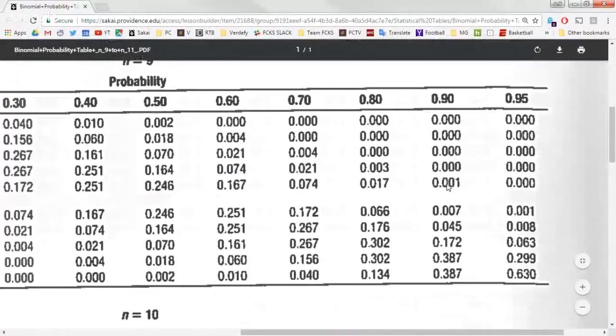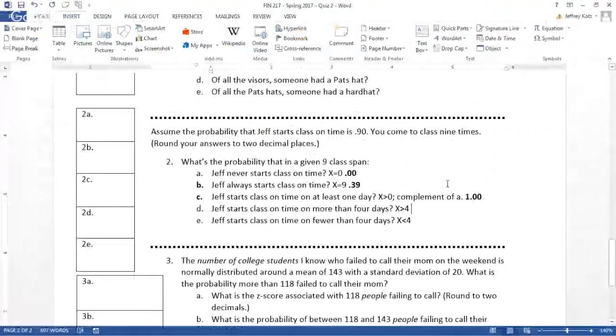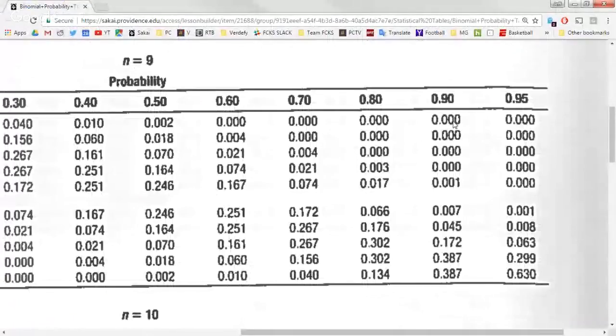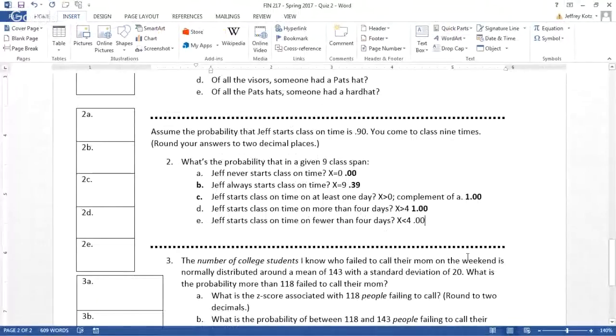There's x equals 4, and we're not including 4, so effectively, we have greater than 4 is 1. I may also accept 0.99. Here, fewer than 4, if I add up 0, 0, 0, and 0 for 0, 1, 2, 3, I do happen to get actual 0.